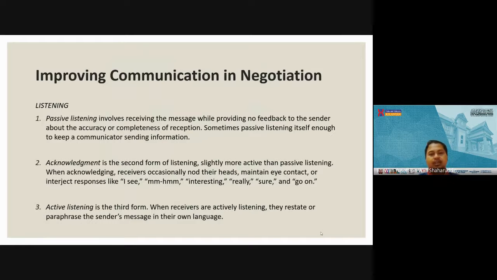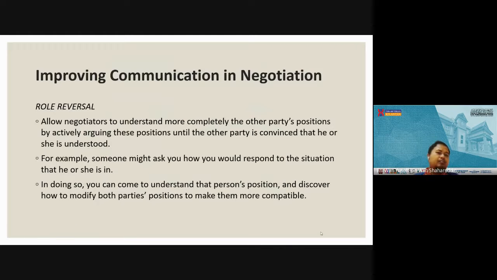And of course, role reversal, which allows negotiators to understand more completely the other party's position by actively arguing this position until the other party is convinced that he or she is understood. For example, someone might ask you how you would respond to the situation that he or she is in: "If I were you, I think I would take this condominium. What about you?